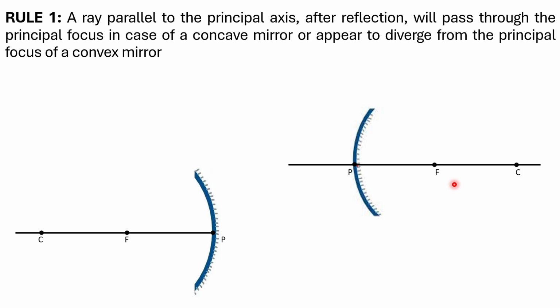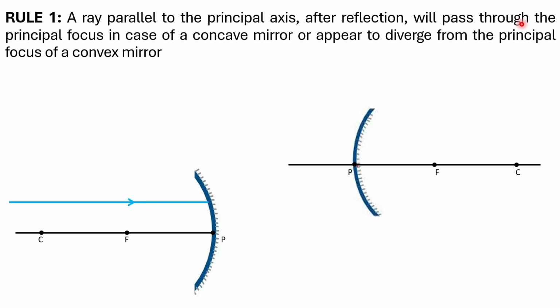Now let's see how we are going to draw the ray. What is the first sentence? A ray parallel to the principal axis. So you have to draw a ray parallel to the principal axis. It is very important that you label the arrow. The arrow shows the direction of light. So what happens to the ray?